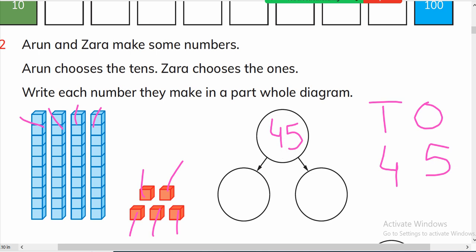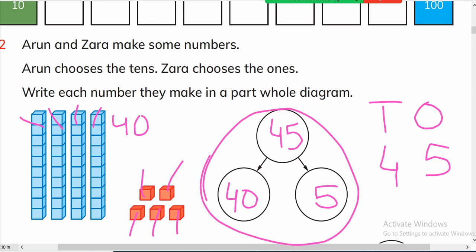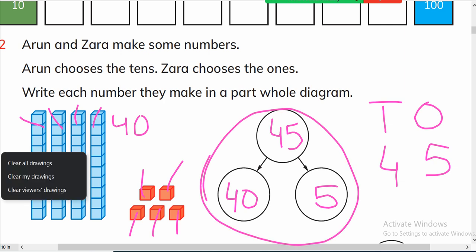And what will we write here? Aaron chooses 4 tens, means Aaron chooses 40. So we will write 40 here. And Zara chooses 5. Okay, 40 plus 5 is 45. This diagram is called a number bond.